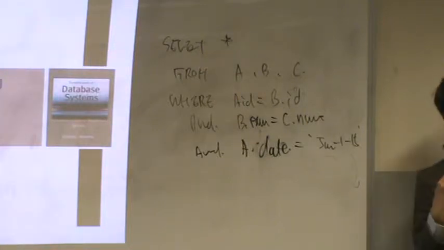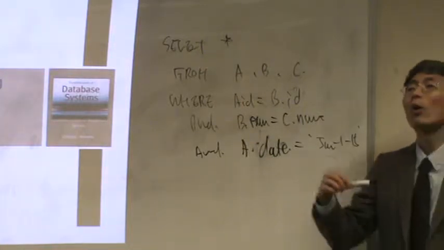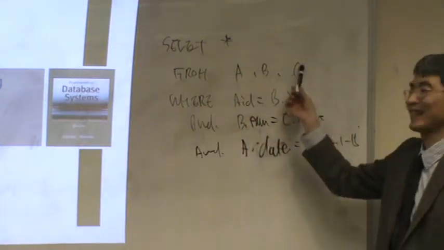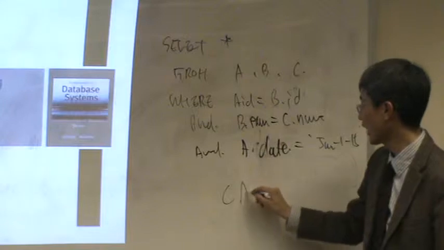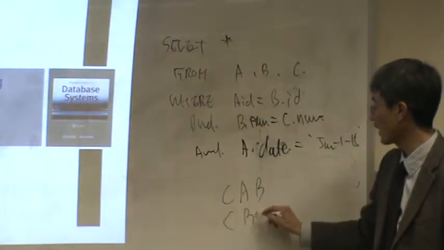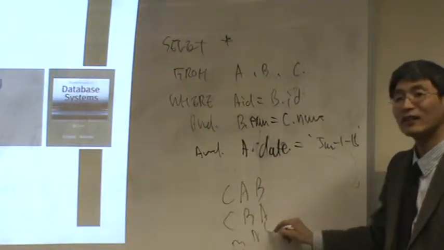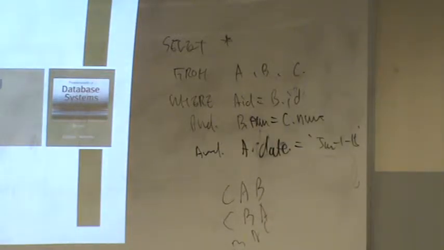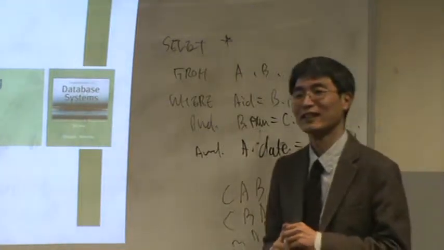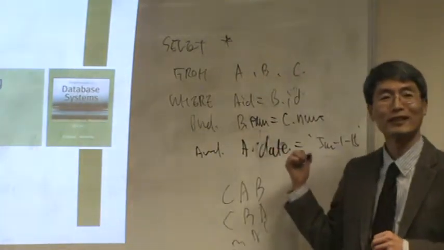First, you can consider the order of listing the cities. You can travel like C, A, B, or C, B, A, or B, A, C, right? It's different. So how many different ways? 6? 9?